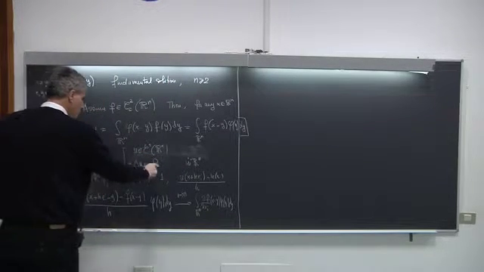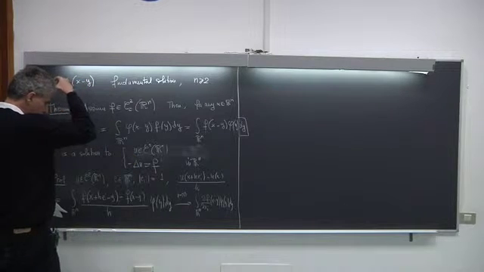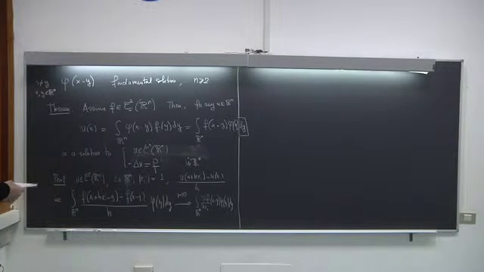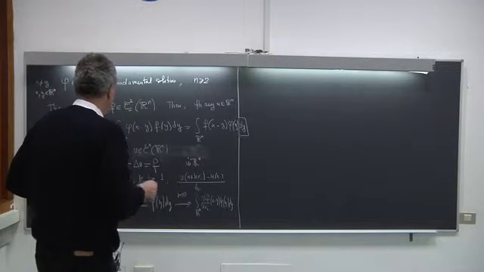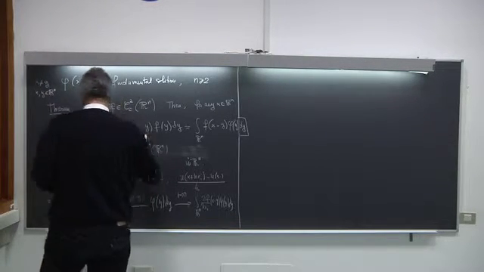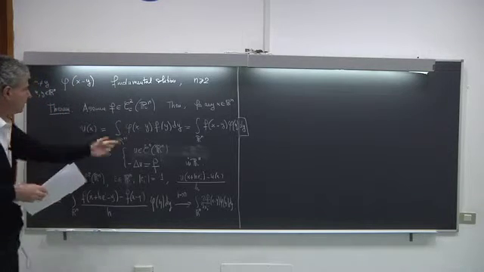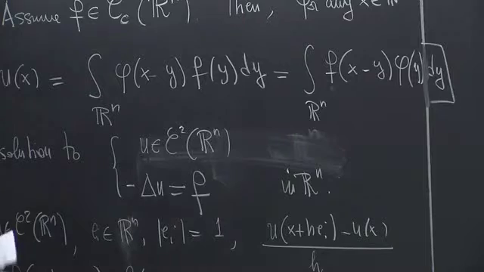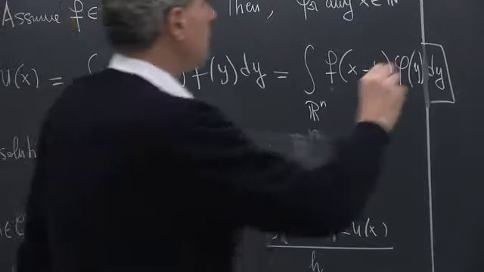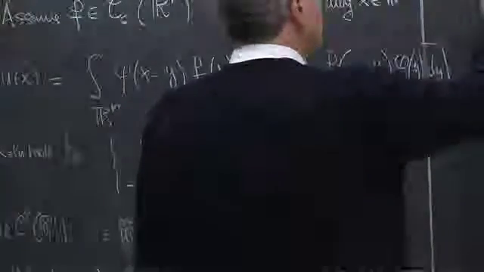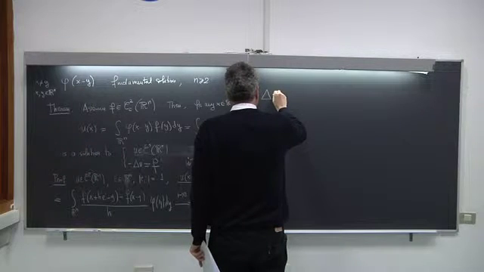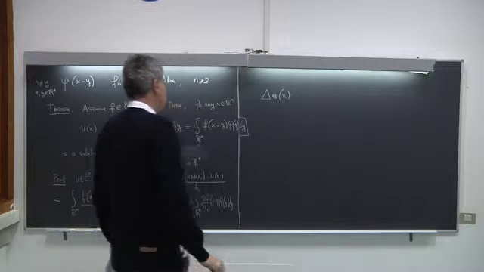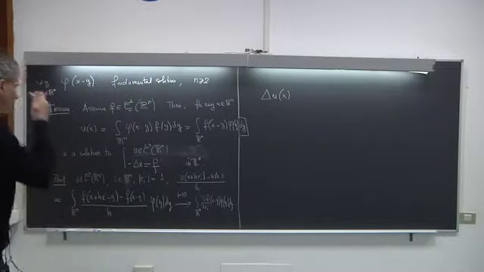Now the point is to show that the PDE is satisfied. Okay, so now the idea is the following. Remember that at x equal to y, we have that this is a singular point of phi. So what do we do? We start by computing this object here at any point x.